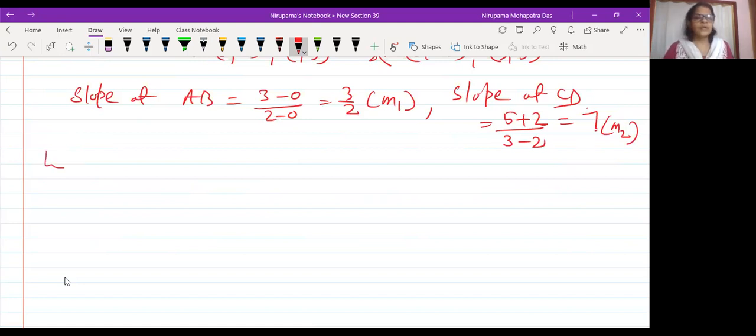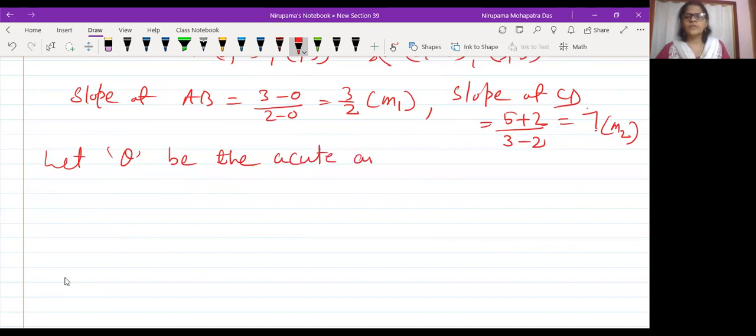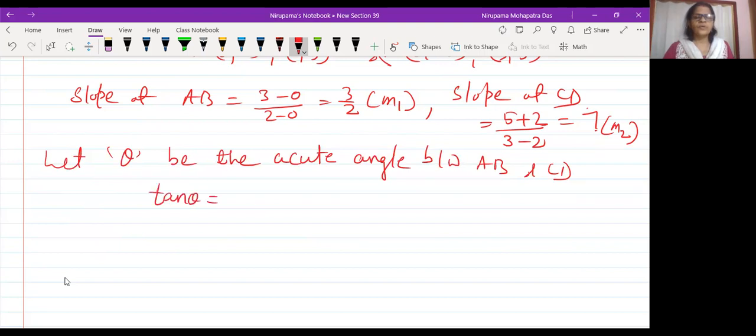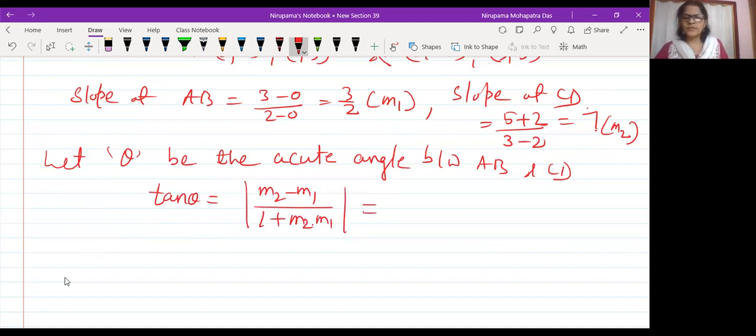Let theta be the acute angle between AB and CD. So as you know, tan theta equals the modulus of M2 minus M1 over 1 plus M2 into M1, right? So we are taking the modulus sign because we are taking theta as the acute angle between two lines.